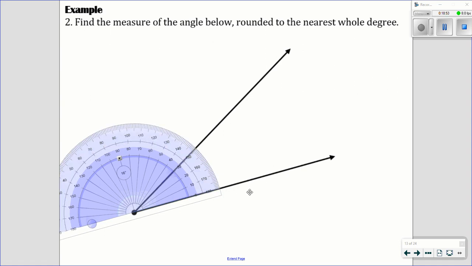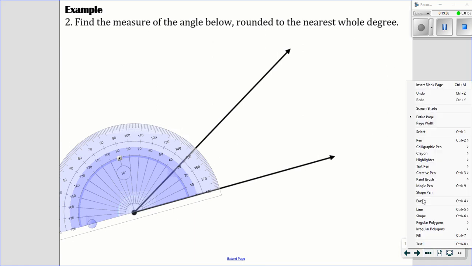Okay, so now I start at 0. Since this is my 0 point, I'm going to be measuring going up. So I'm not using this one because I'm not starting at 180 and going backwards. So I go 0, 10, 20, 30. So that means it's 30 degrees.